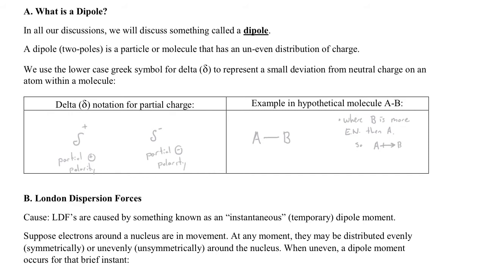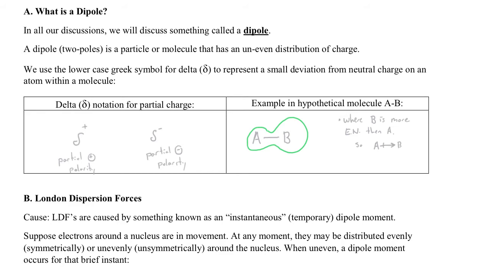So, for instance, in this case, we have B, which is more electronegative than A. B would be expected to have more of the electrons from that bond around it more of the time. So it would look polarized like this. So while the electron pair is being shared between A and B, more of that electron pair is around B than it is around A.